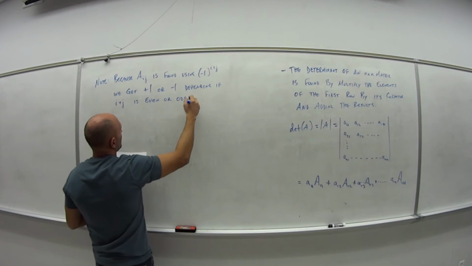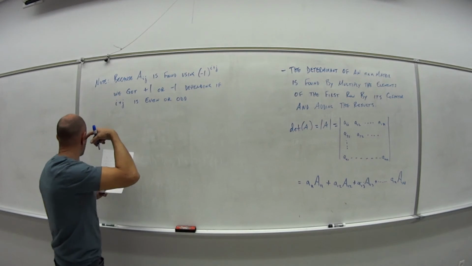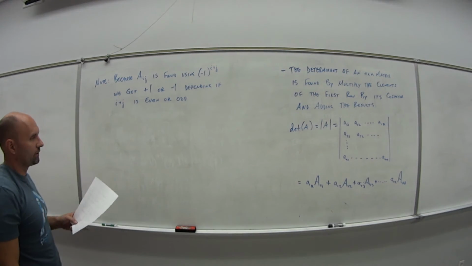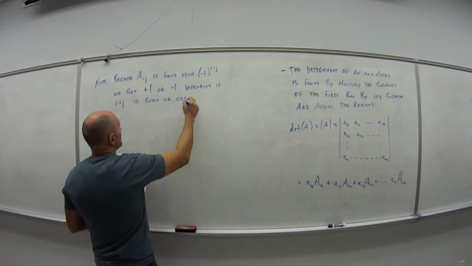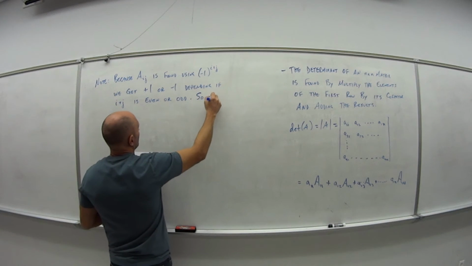If i plus j is odd, we get a negative 1. If i plus j is even, we always get a positive 1. So we can create a matrix on that.